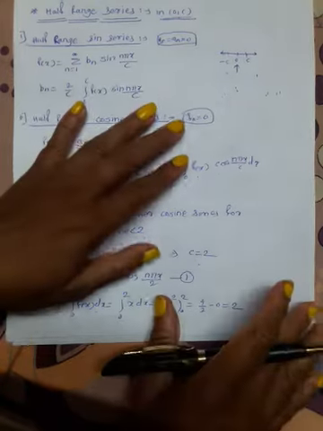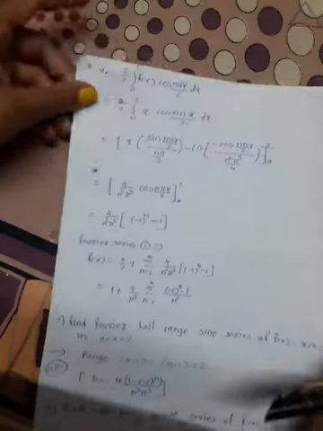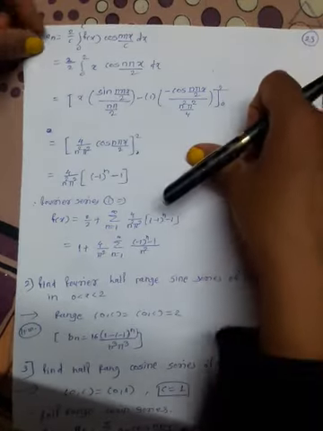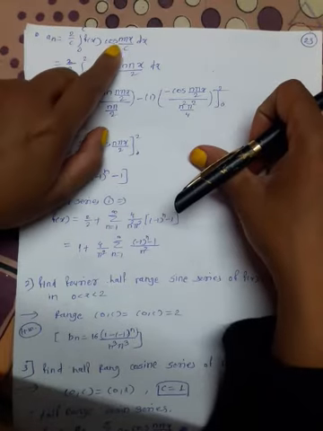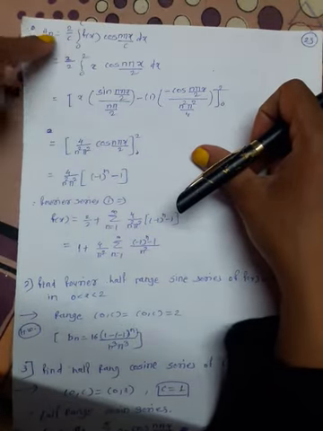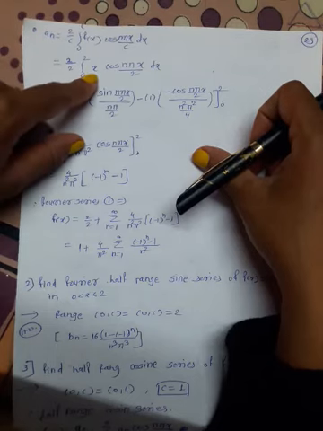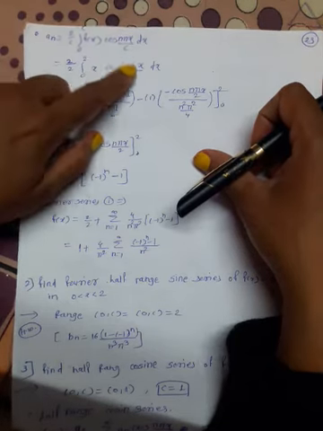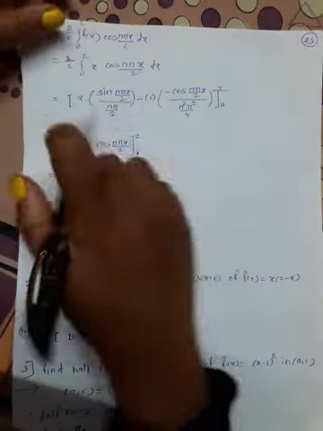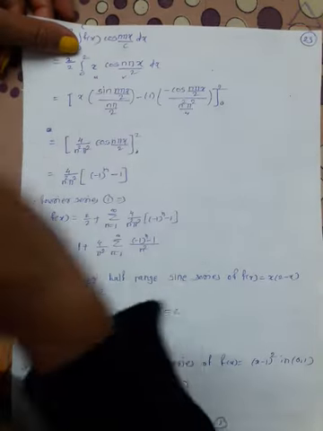Now start with an. The an formula is 2 by c integral f(x) cos(n pi x by c) dx. Put the value of c, 2 by 2 integral 0 to 2 x, where f(x) value is x, our original function, cos(n pi x by 2) dx. Now again the u into v rule should be applied here.